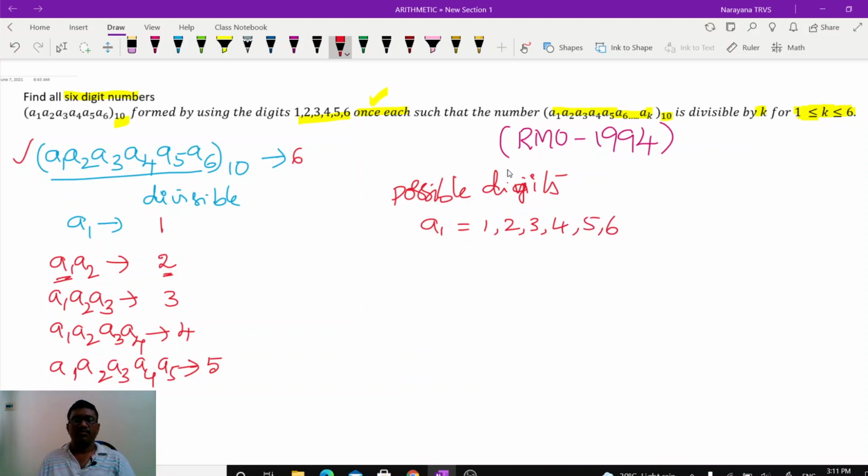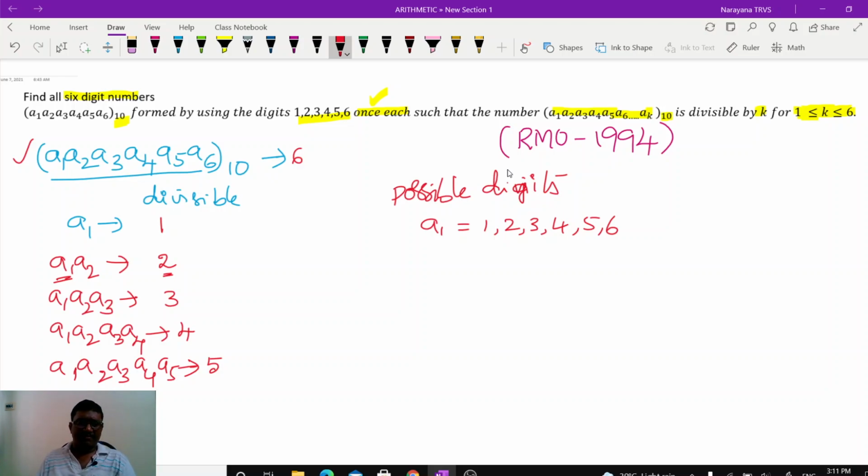So if A1 is 1, A1 is divisible by 1. If A1 is equal to 2, 2 is divisible by 1. If A1 is equal to 3, 3 is divisible by 1. We know that every number is divisible by 1.